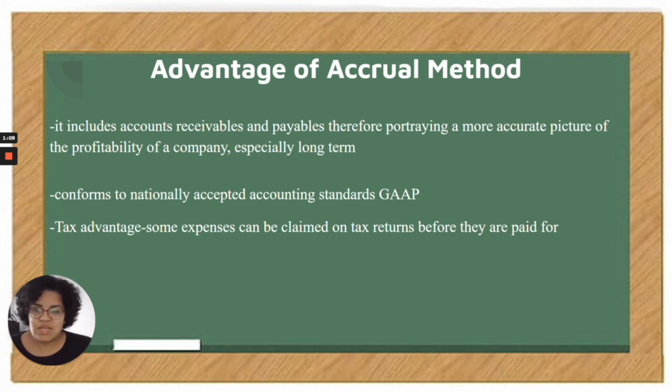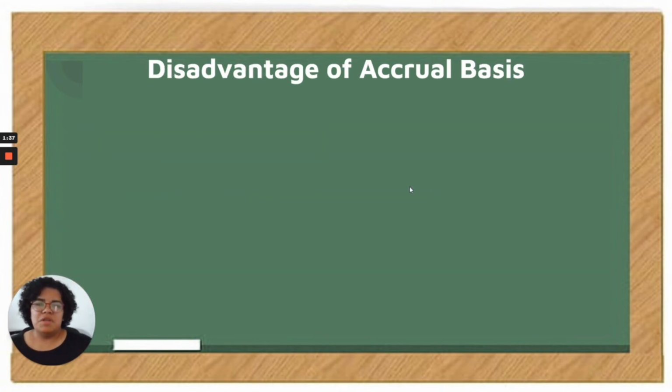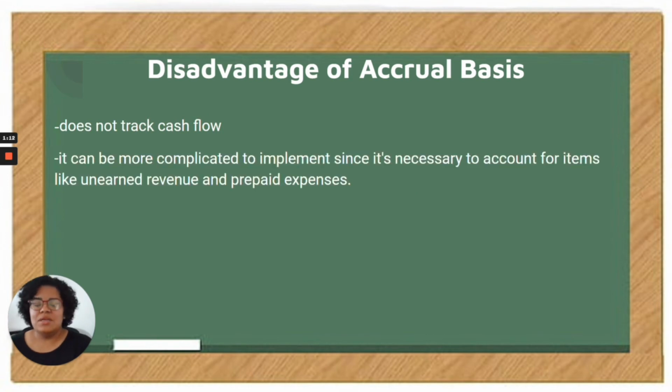So let's continue on. So what are disadvantages of the accrual basis? A disadvantage of the accrual basis is that it does not track cash very well. So for example, it might make the company look profitable in the future months or in the future years, but it might not account for that we are low on cash for this month, so how are expenses going to be taken care of?